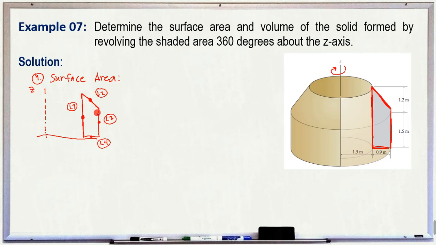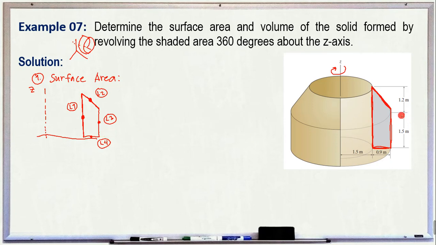Okay. Each of these lines, we will rotate it. The same thing as I discussed earlier, if we have an axis of rotation, and we have a line, we rotate each one separately in order to generate a surface area. So again we use the addition property here.